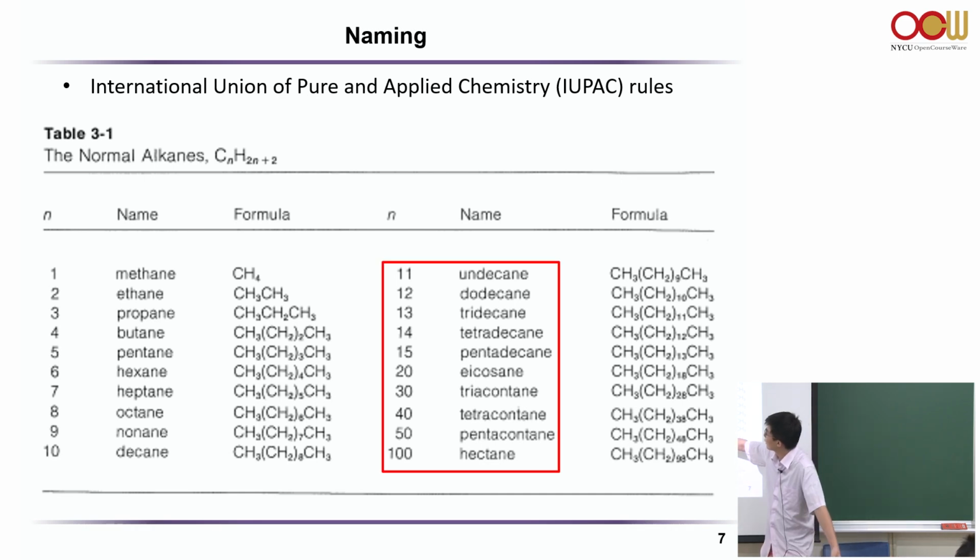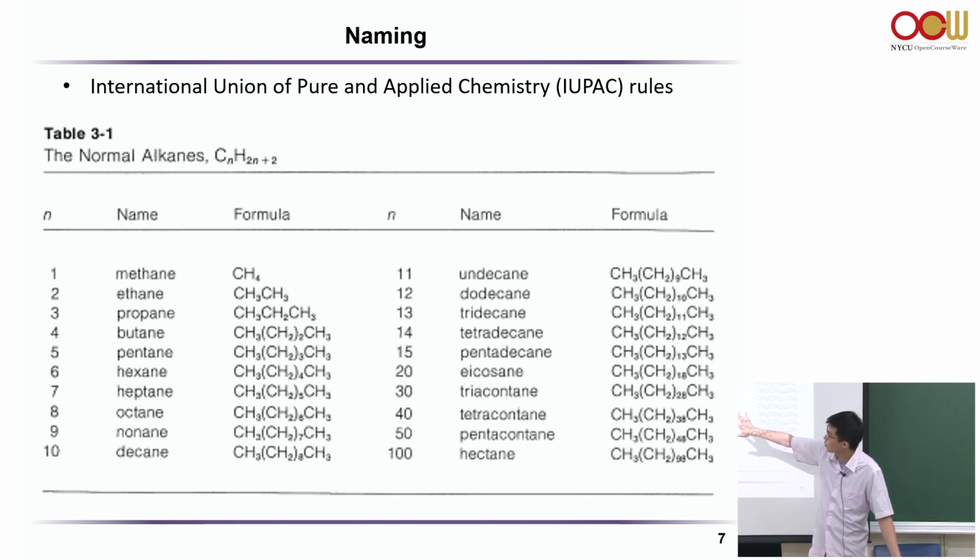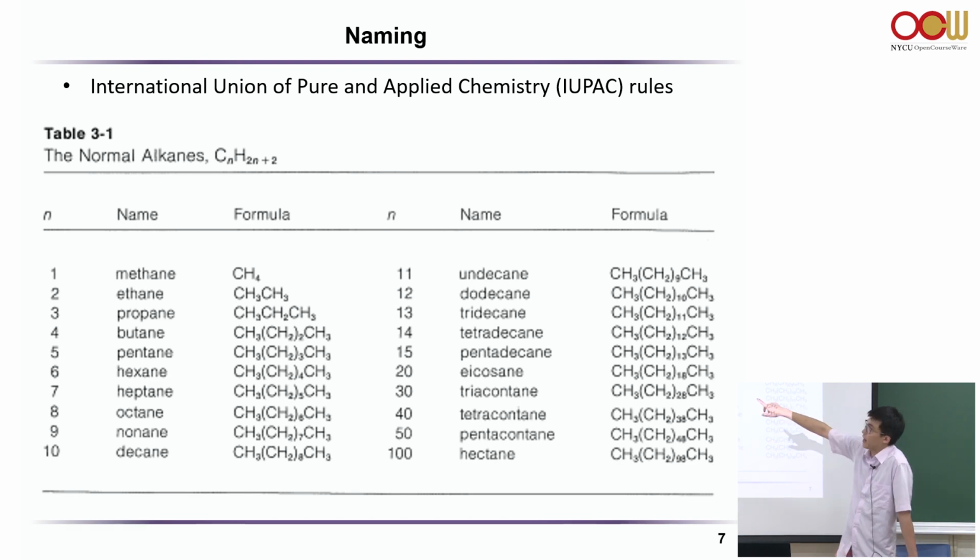I don't think people actually talk about these very large long-chain carbons. Normally you would deal with carbon 1 through maybe 20 on this table. So for normal alkanes, last time we talked about structure. An alkane has the formula CnH2n+2, right?